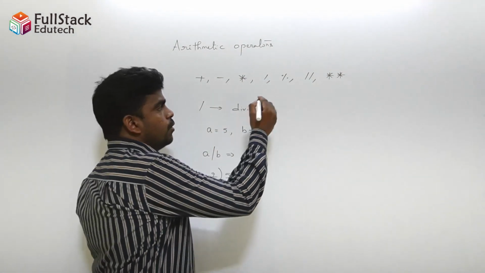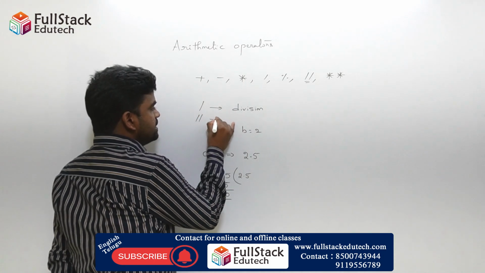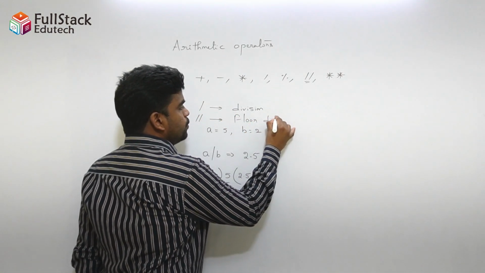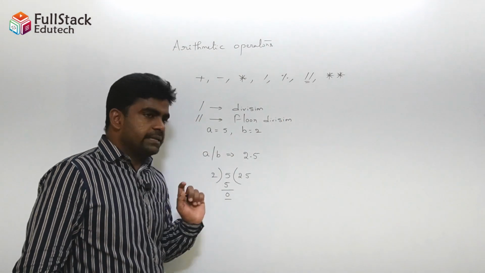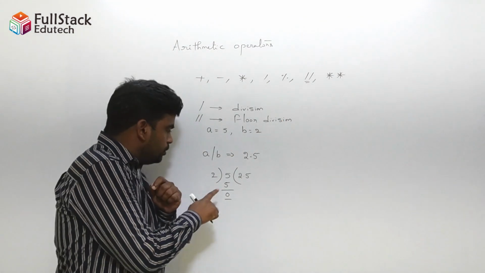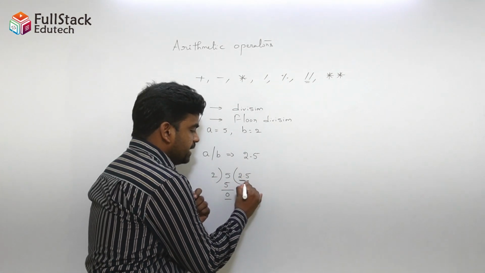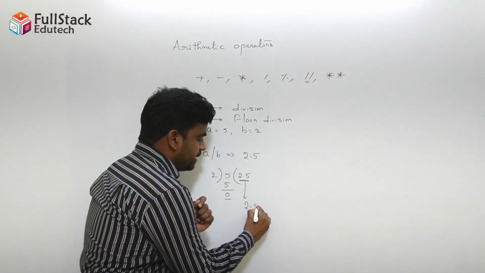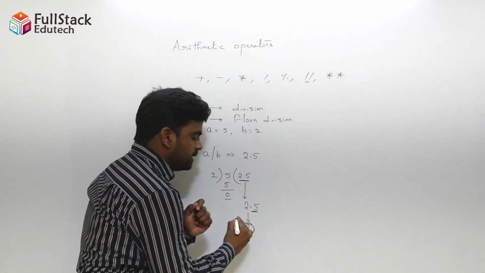Next one, what is floor division? This double slash is called floor division. So what is the output of floor division? If you perform the same operation, it is also doing the division operation only, but here it will remove the decimal value. In 2.5 it will remove the decimal and give only the integer part.